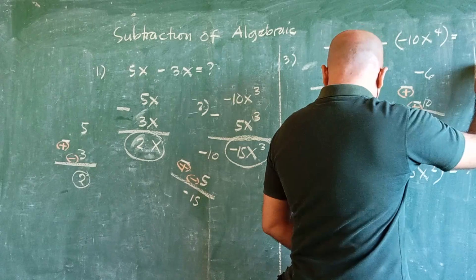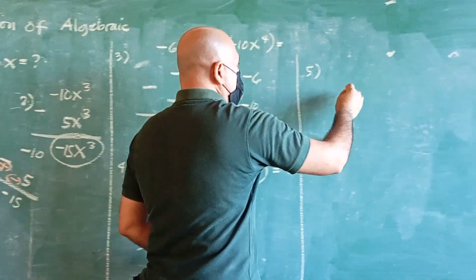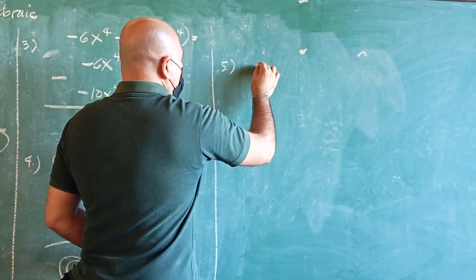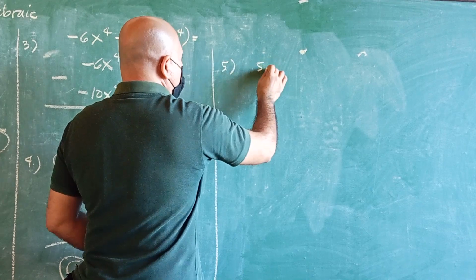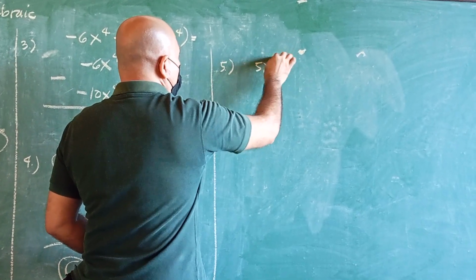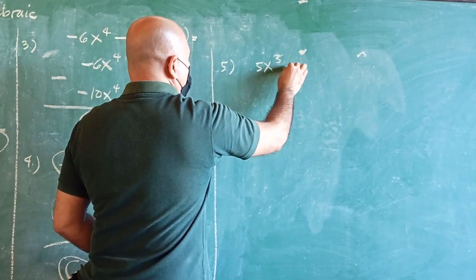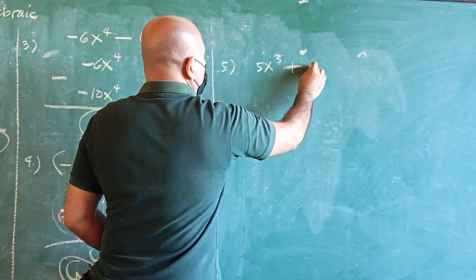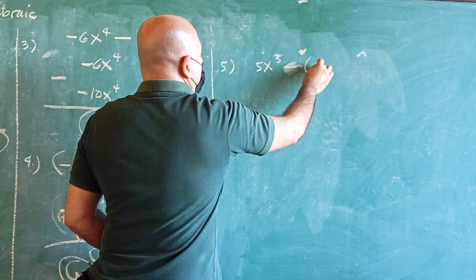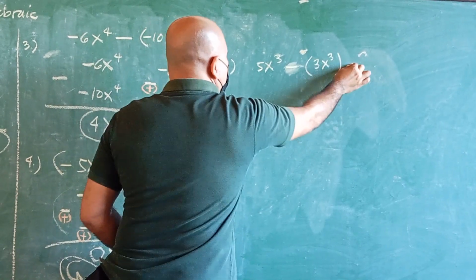For the last example, what will happen if these are the terms that you are going to subtract: positive 5x raised to the power of 3 minus 3x squared. What is the answer?